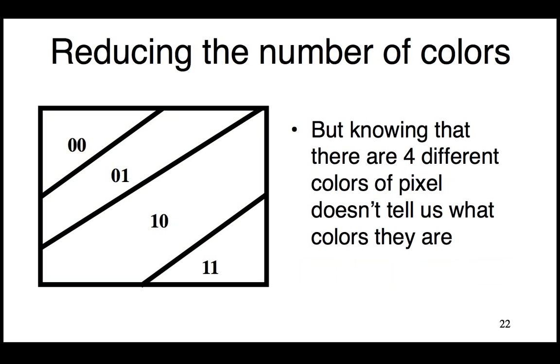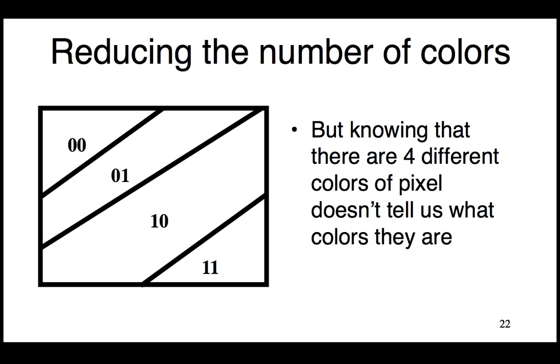Now, of course, knowing that there are only 4 colors doesn't tell you what colors they are. I mean, in the RGB system, if I told you the color was 255, 0, 0, it's more than color number 15,092,092. You know from looking at the values that it's red.